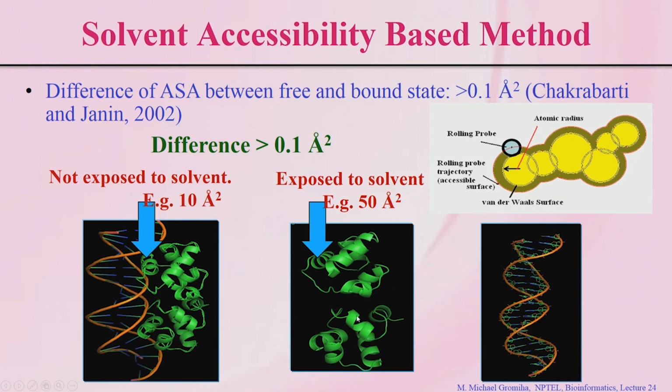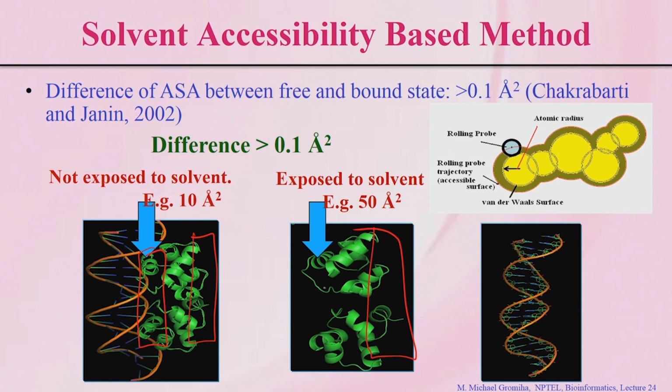If you look into these two proteins and take some region, for example this region, how will the accessible surface area vary? It does not vary, because it is accessible to solvent here and also accessible to solvent here. In this case you do not see any change. If you take this region, you can see this is the complex state and this is the unbound state; which one has a higher value?